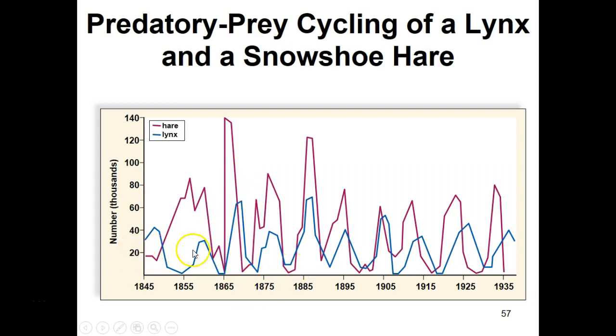Notice that the lynx population is always going to be lower than the hare population. It's because you can't have as many lynx as you can hares. Hares are vegetarian. They eat a lot of plant foods. Lynx are carnivores. They eat, well, animals.